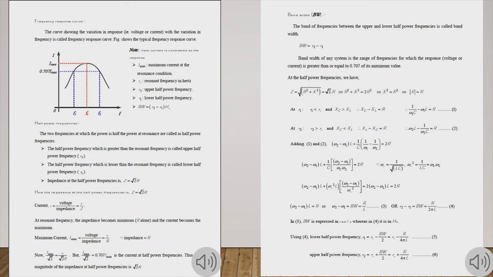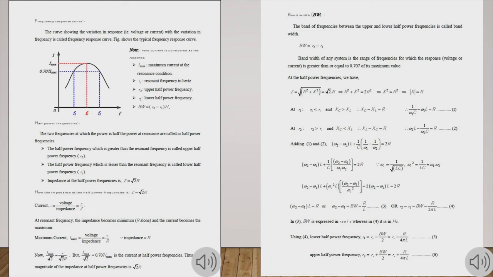Adding 1 and 2, omega 2 minus omega 1 into L plus 1 by C into 1 by omega 1 minus 1 by omega 2 equals 2R. Omega 2 minus omega 1 into L plus 1 by C into omega 2 minus omega 1 by omega 1 into omega 2 equals 2R, because omega r equals 1 by root LC, omega r square equals 1 by LC equals omega 1 into omega 2.